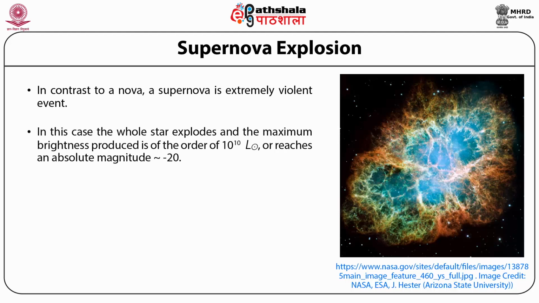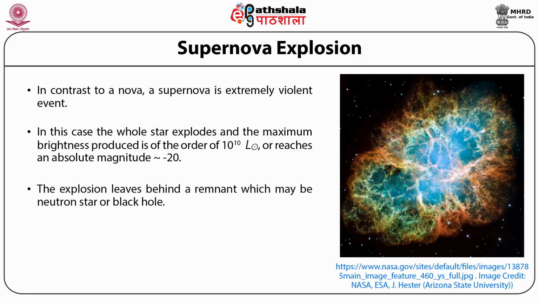In a supernova, the whole star explodes and the maximum brightness produced is of the order of 10 raised to the power 10 luminosity, or reaches an absolute magnitude of approximately minus 20. The explosion leaves behind a remnant which may be a neutron star or black hole.